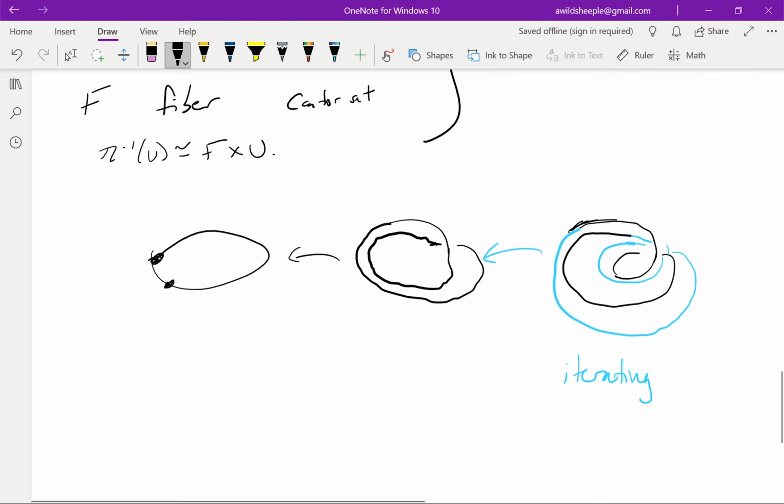That arc corresponds to this pair of arcs, which in turn corresponds to 4 arcs here. I have this arc, this arc, this arc, and this arc. And as you can see, at every step, the arcs are bifurcating.